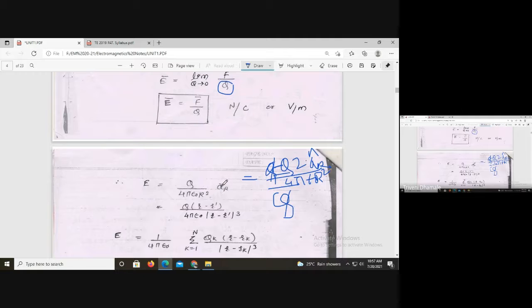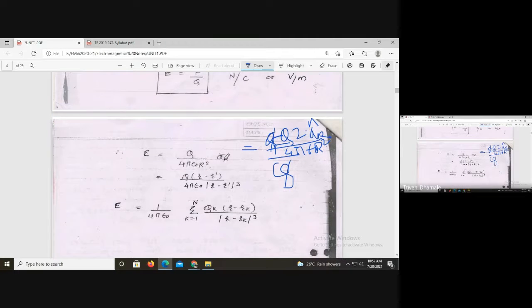And again this unit vector is represented in vector form as R minus R dash, that means final point minus initial point, over its magnitude. So this is the very basic formula, force per unit charge, for the electric field intensity.